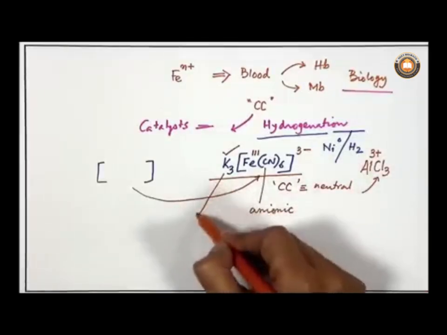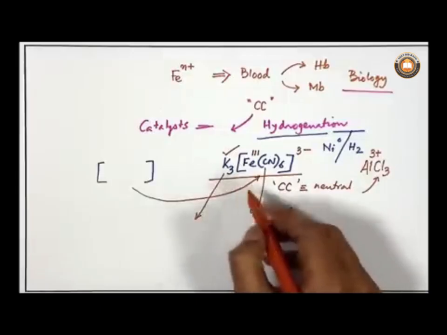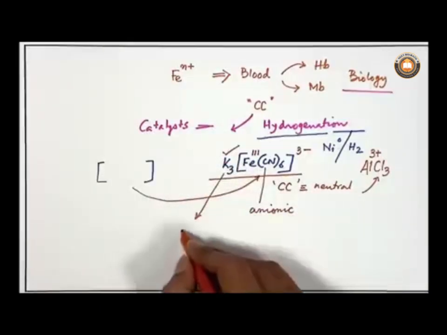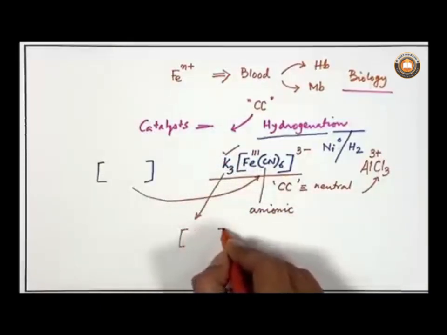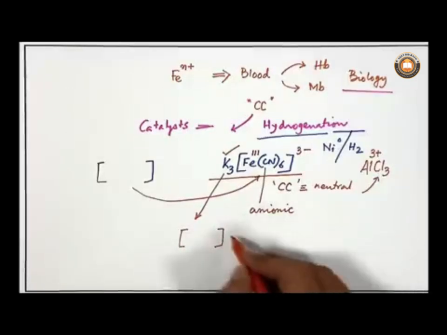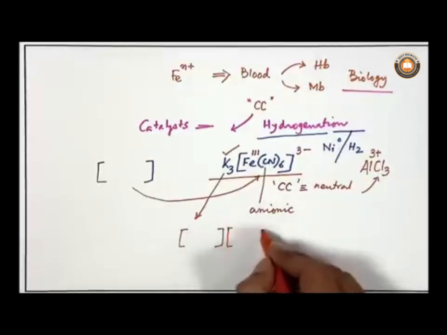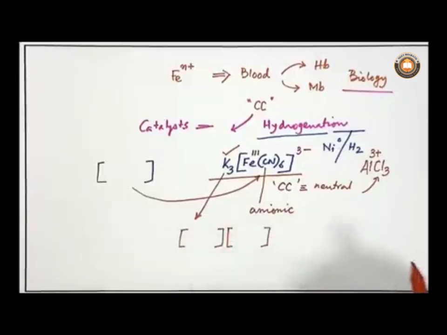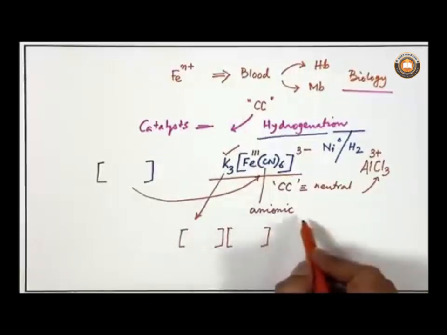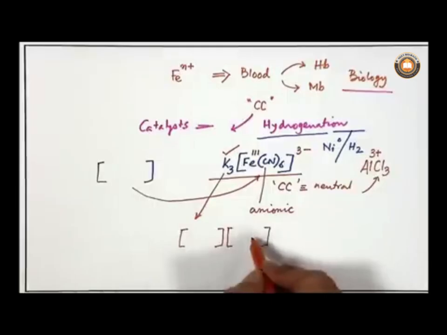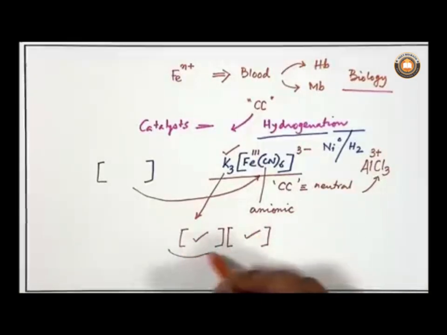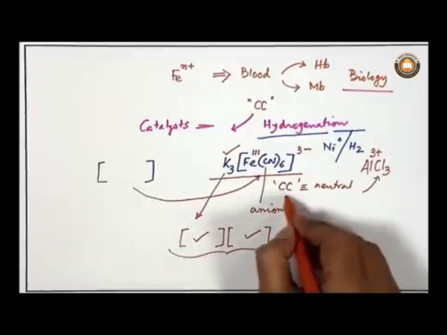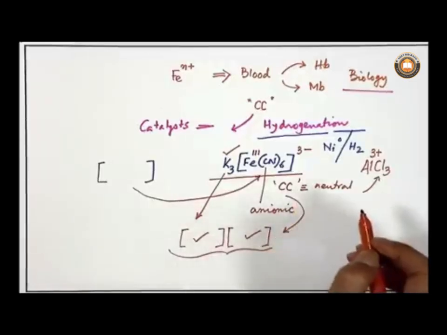And sometimes we will also see that the cationic part can also be a complex part. Similarly, the anionic part can also be a complex part. So, this is complex and this is also complex, and together these two we call coordination compounds.